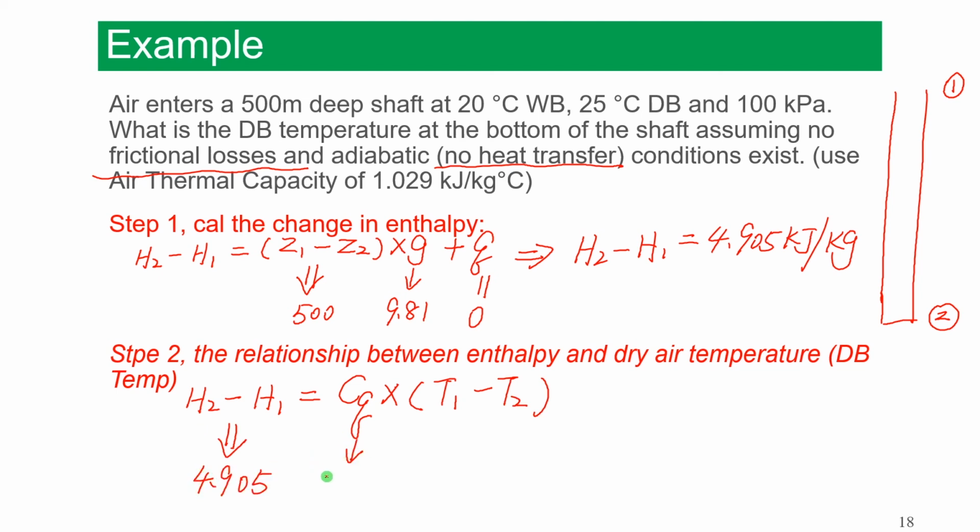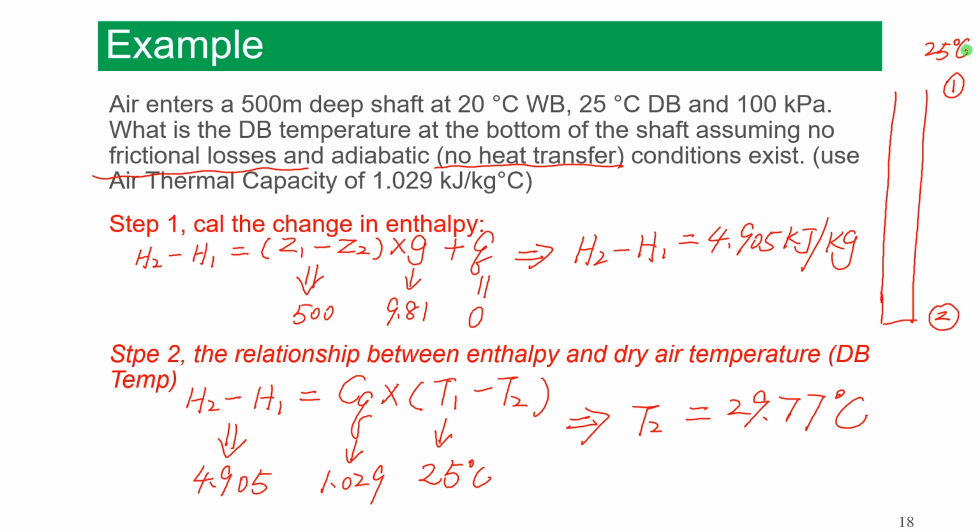This is given as 1.029. T1 is the dry bulb temperature at the surface, 25. We can solve T2 equals 29.77 degrees Celsius. That means air with 25 degrees dry bulb temperature goes down the shaft. At the bottom of the shaft, its dry bulb temperature is increased to 29.77.